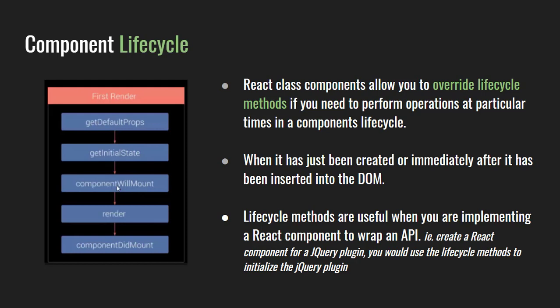So if you know anything about ASP.NET and web forms, if you ever came from there, my God, do they have a huge life cycle. And a lot of stuff happens along the way.